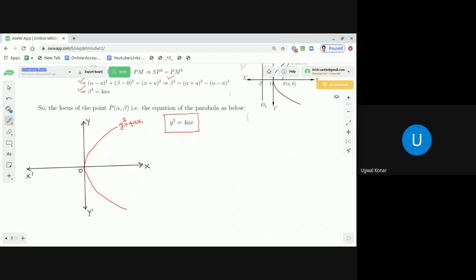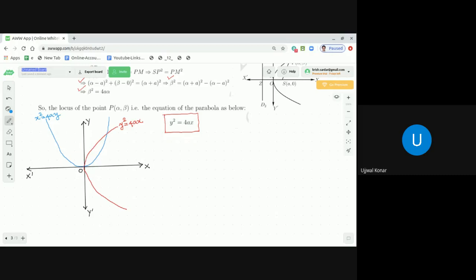The positive x-axis, OX, is the axis of the parabola. Now if the y-axis is the axis of the parabola, what will the parabola look like? The parabola will look like something like this, isn't it, dear students? So this parabola equation will be x square equal to 4ay. X square equal to 4ay.